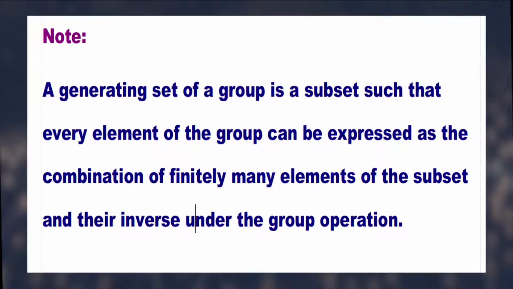A generating set of a group is a subset such that every element of the group can be expressed as the combination of finitely many elements of the subset and their inverses under the group operation.